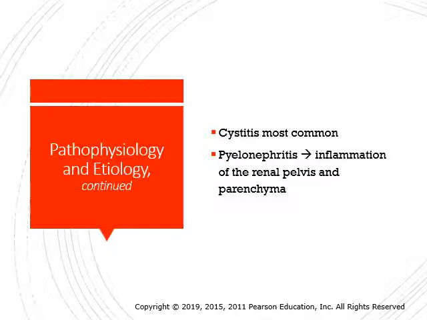So if the infection has reached that point, it's probably been present for a while. Very painful. Patients will be febrile, have flank pain. So this is serious, usually requires hospitalization and IV antibiotics, depending on the severity of the infection.